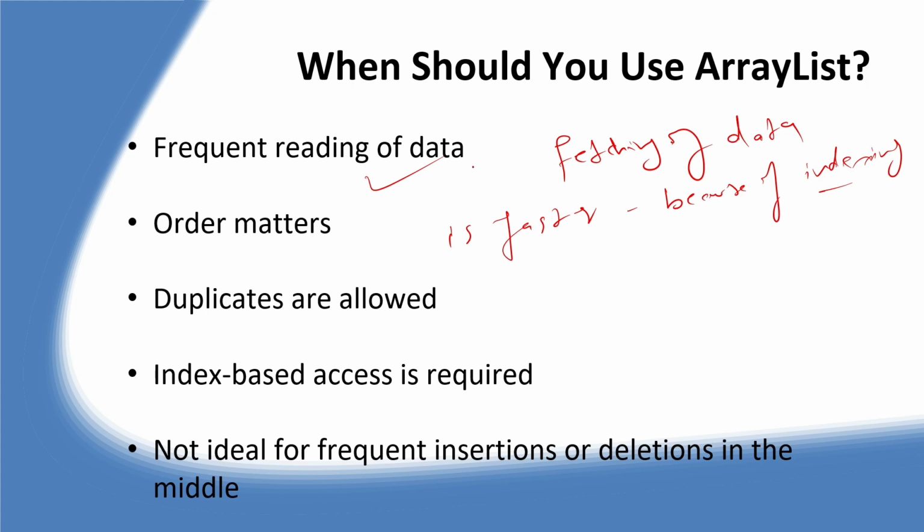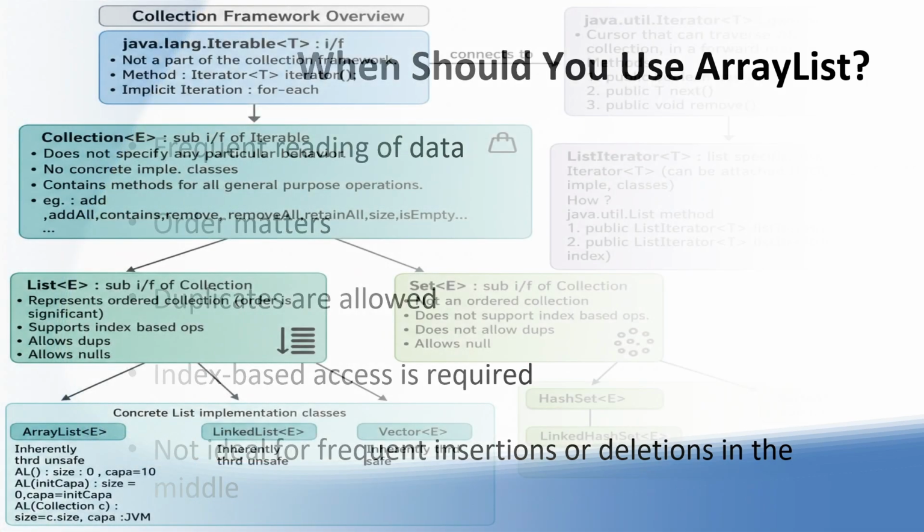And if your application frequently inserts or deletes elements in the middle of the list, then we should go for LinkedList. LinkedList is the better choice for insertion and deletion. We will see that in the LinkedList example. So that's the last point, ArrayList is not ideal for frequent insertion or deletion in the middle. Index-based access is required, order is important, and duplicates are allowed in the ArrayList.